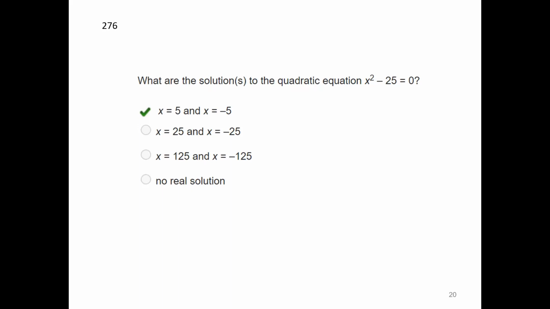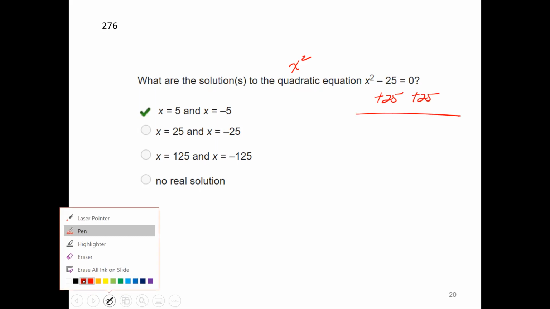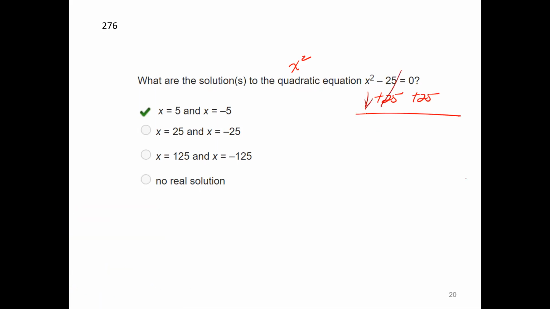Okay, so what are the solutions to this quadratic equation? Now, if you go back to quadratic equation, quadratic just means that it's x squared. So if I'm just solving for this, add the 25 on both sides of the equation. That part cancels. X squared equals 0 plus 25 is 25.